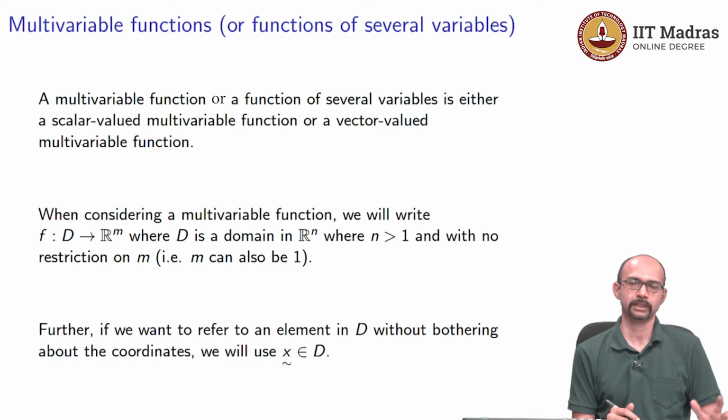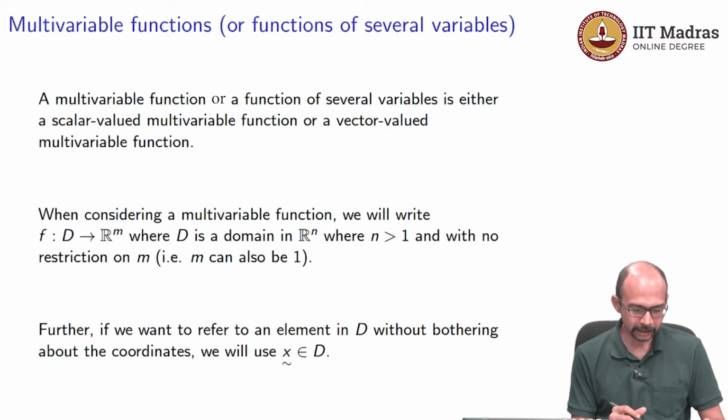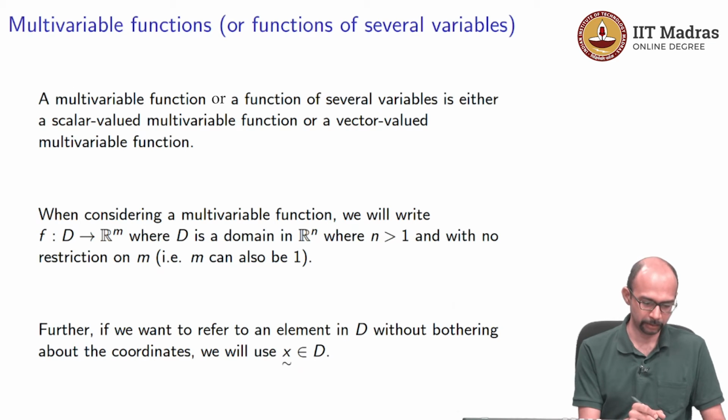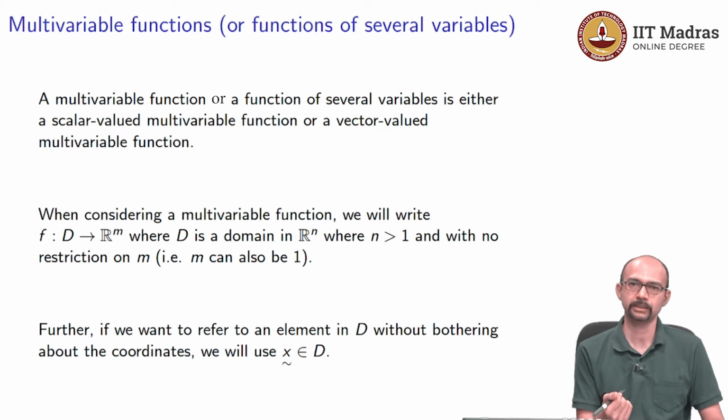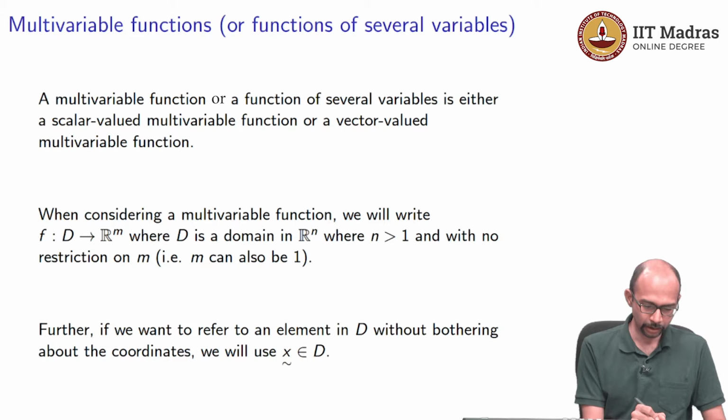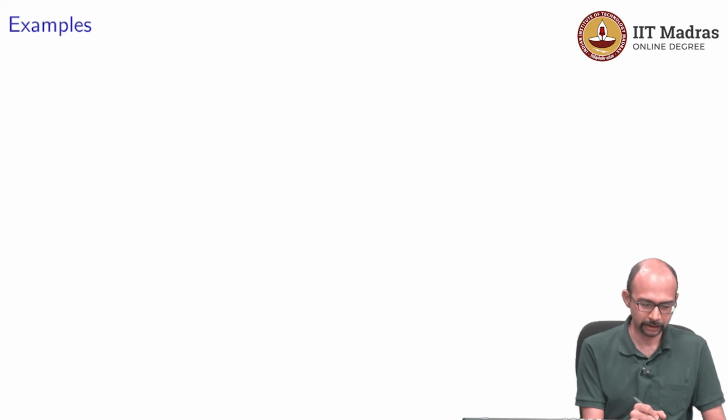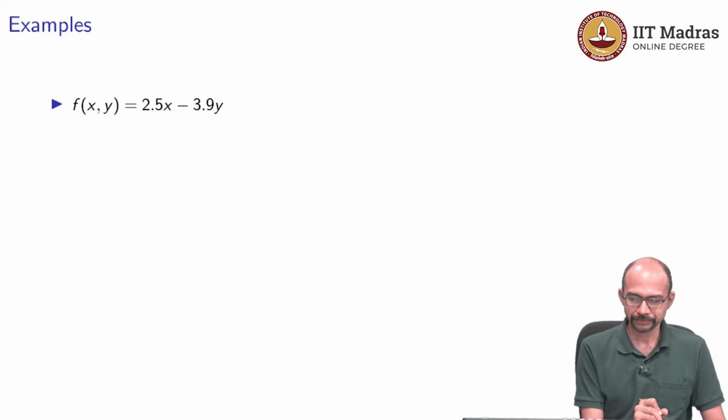I do not want to refer to x1, x2, ..., xn, so I will just refer to x tilde as x1, x2, ..., xn. So this is the vector x1, x2, ..., xn or the n-tuple x1, x2, ..., xn, whichever is convenient for the purpose at hand. So do not get confused if you see an x tilde, it just means x1, x2, ..., xn. With that caveat, let us look at lots of examples.